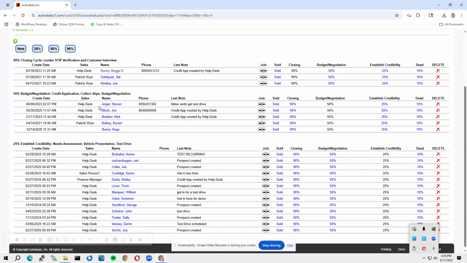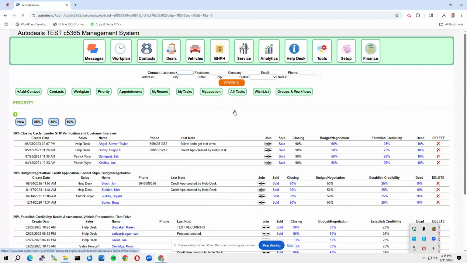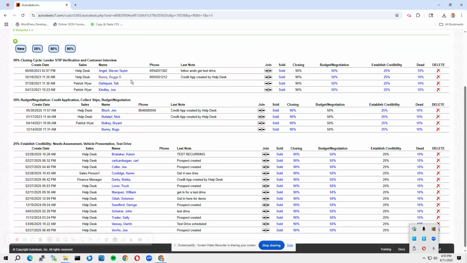Maybe we got through the credit application, the budget and negotiation, and now we're only waiting on the final verification from the lenders. Then that would put him up to 90%, and I clicked it once and it moved that customer up.